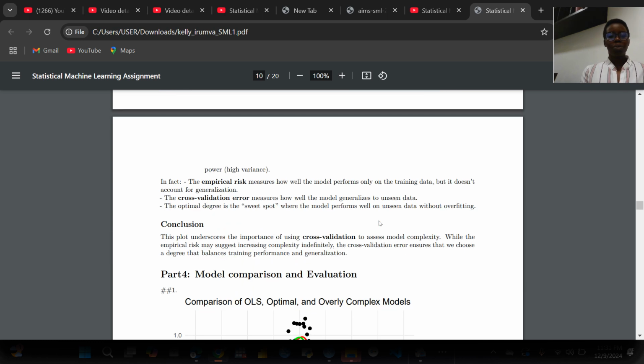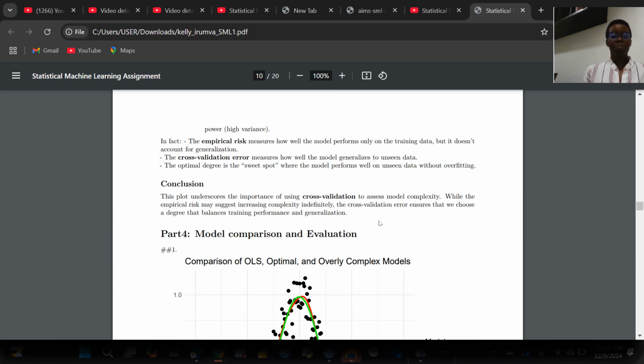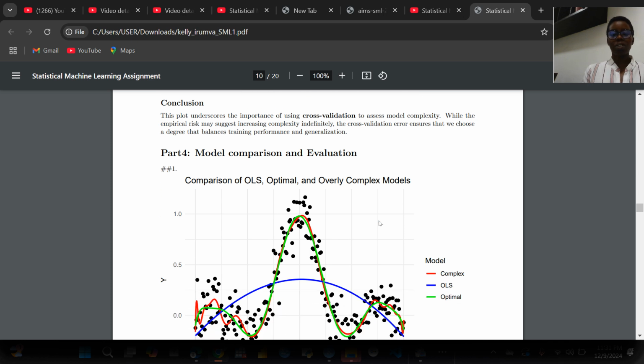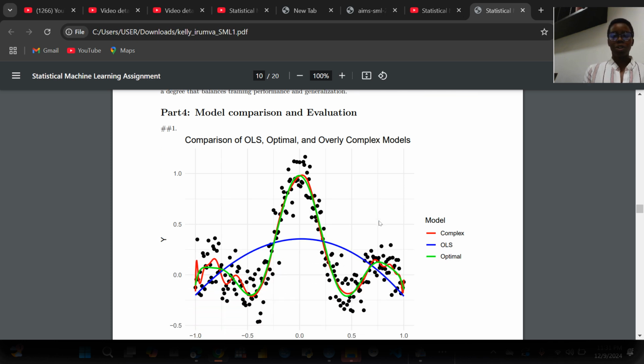We move on to the fourth part with model comparison and evaluation.